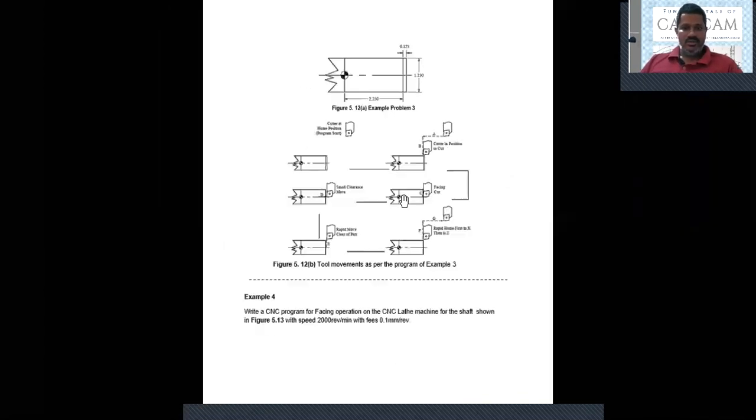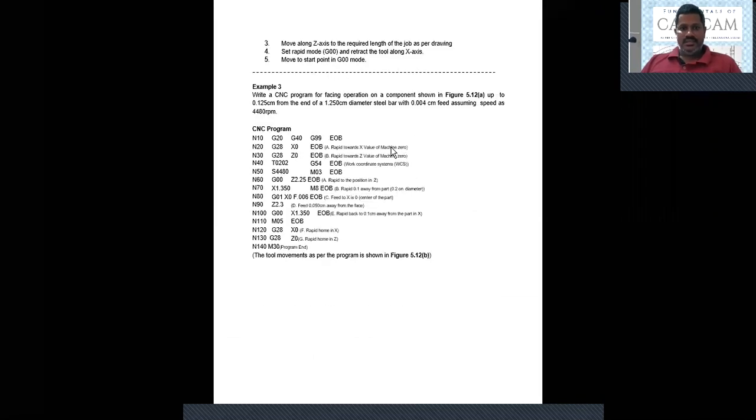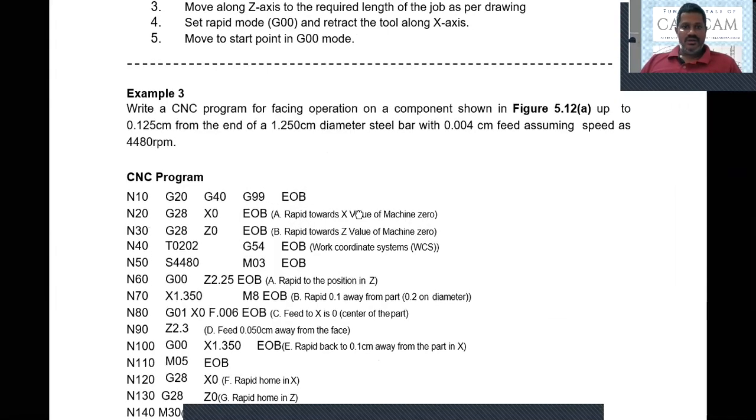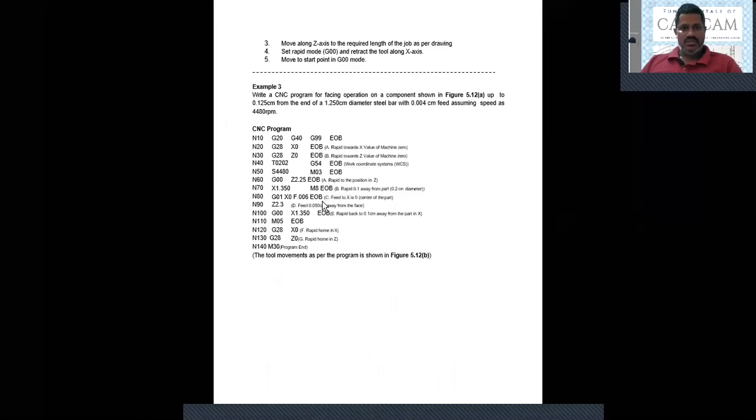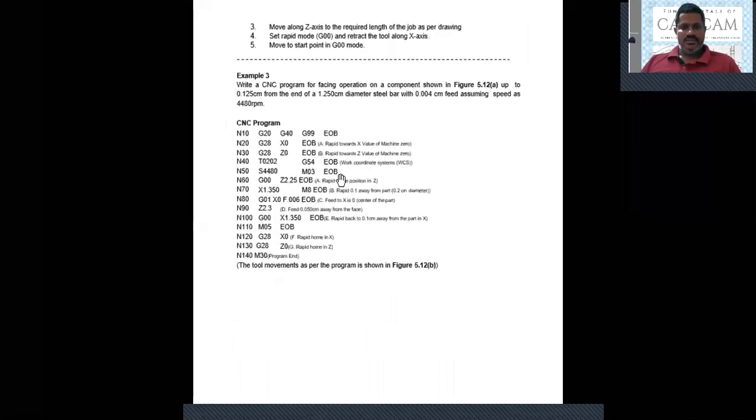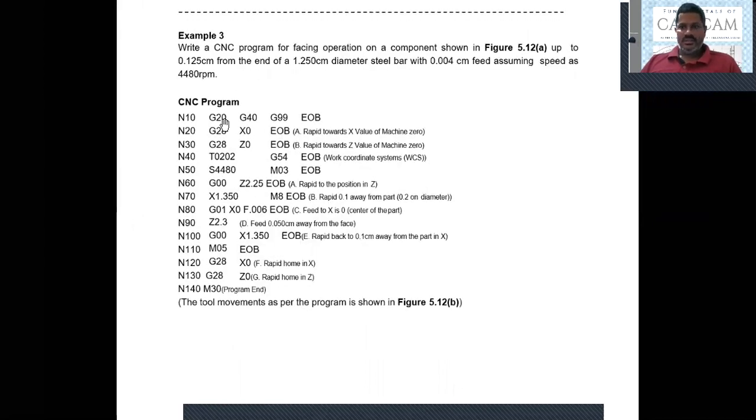Let me go back to discuss the program. Now you can see G00 and G40 are some G codes. Let us see what G00 and G40 are for, providing the units and all the values. Then we move the tool to X0 and Z0.